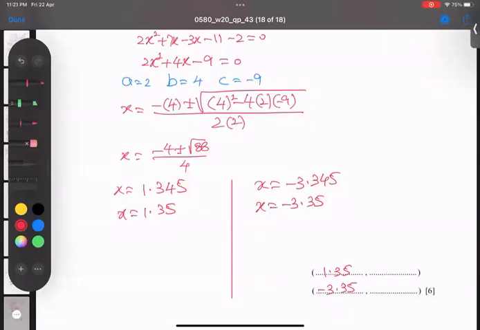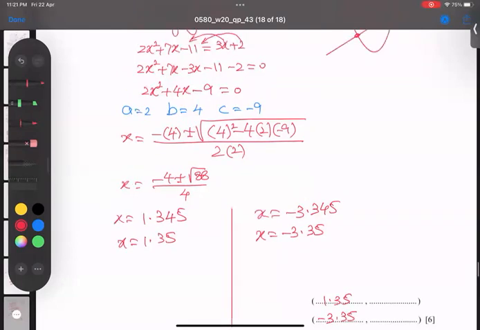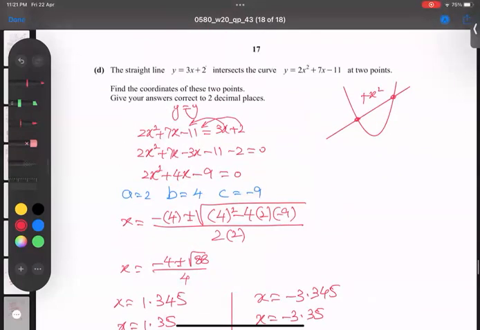Wait a minute, let me check once again. 2x squared, and 7 minus 3 is 4. Oh yes, there is a mistake here, because it is negative 9, negative 2, not 9. Sorry for that. This means 11 becomes 13. So make sure about it.